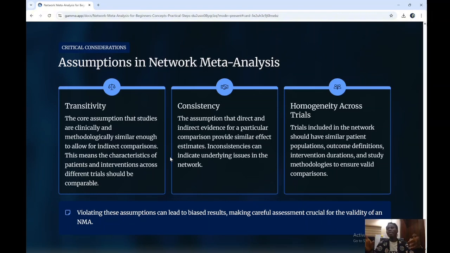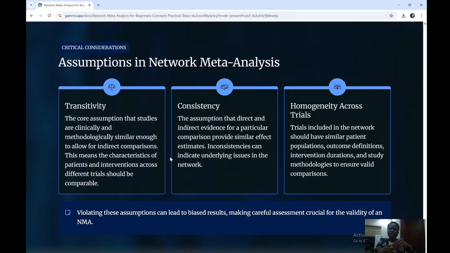Another one is what we call consistency. Many times, there's this assumption that direct and indirect evidence for a particular comparison provide similar effect estimates. These inconsistencies can indicate underlying issues in the network.